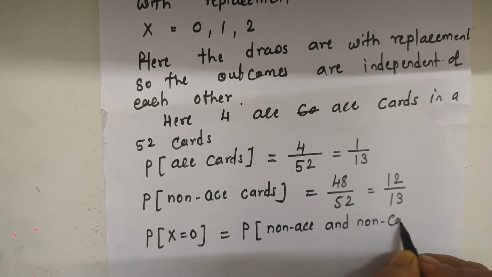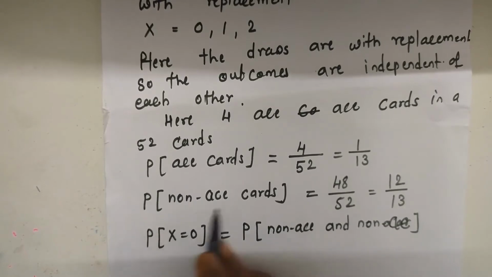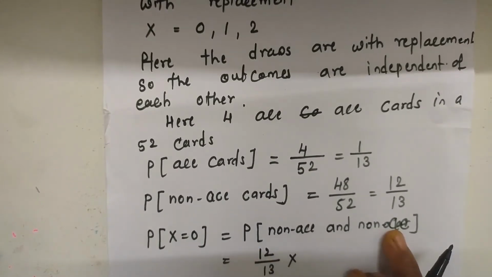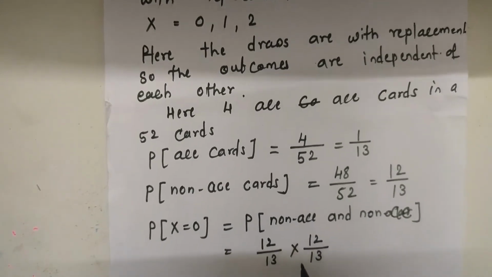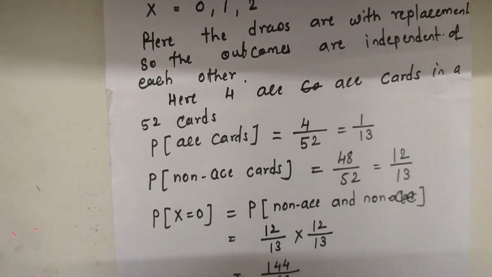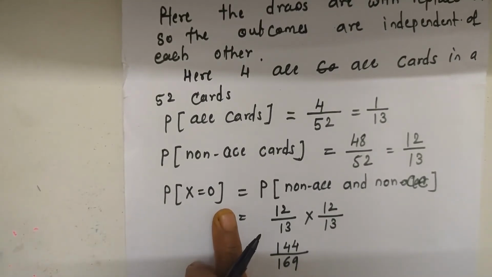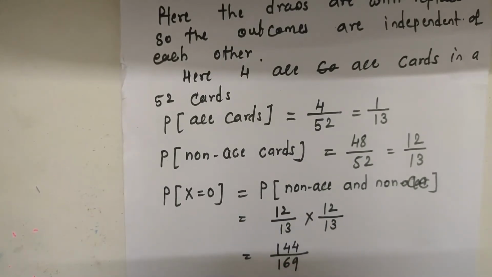The probability of a non-ace card is 12 by 13, so the product is 12 by 13 into 12 by 13, which is 144 upon 169. So the probability for X equal to 0 is 144 upon 169.